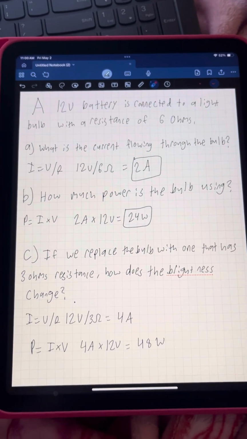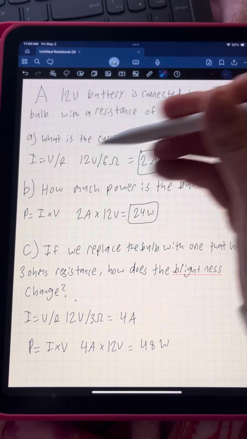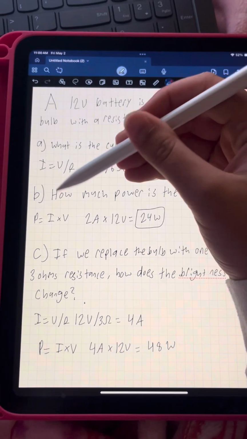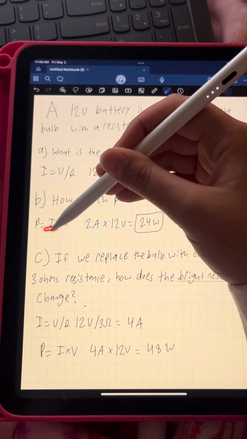The second question is, how much power is the bulb using? We're going to use the power equation that I mentioned. P, power, is equal to current I times voltage.